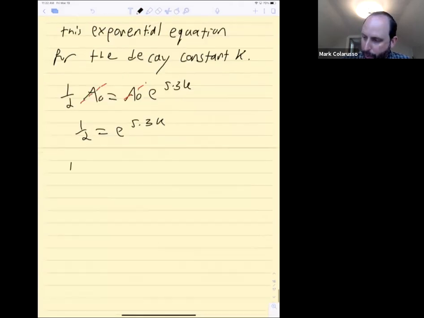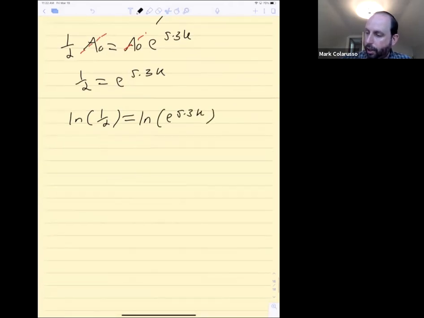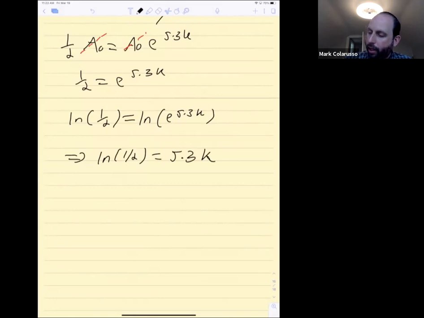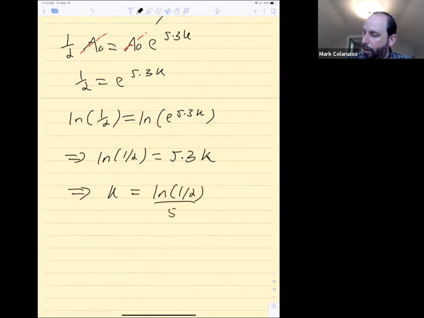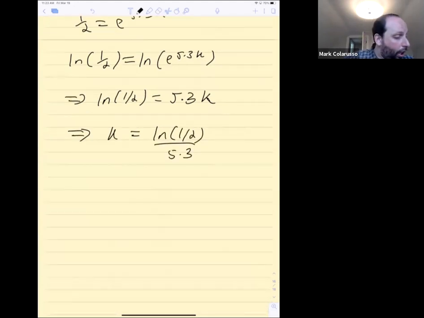Now you can take the logarithm of both sides, and you get the logarithm of 1/2 is the logarithm of e to the 5.3K. Using the property of the logarithm, canceling out the exponential, you get 5.3K is the logarithm of 1/2. So K is equal to the logarithm of 1/2 over 5.3. I guess I should punch this into a calculator. This is approximately minus 0.13. And note it's negative, as it should be, because we're dealing with exponential decay.